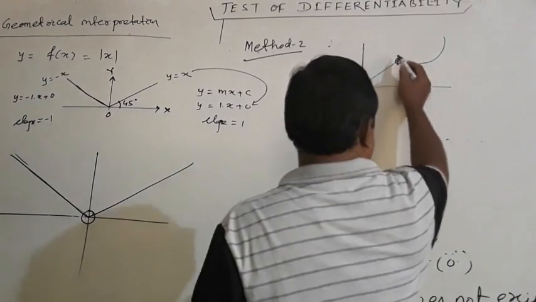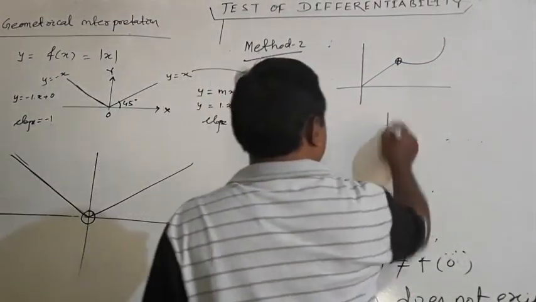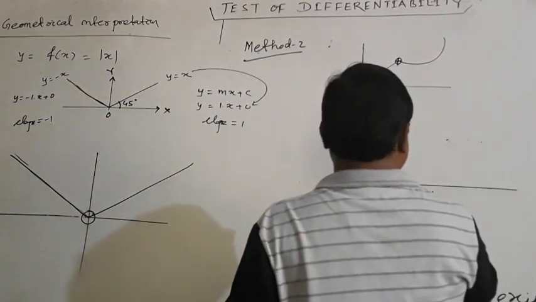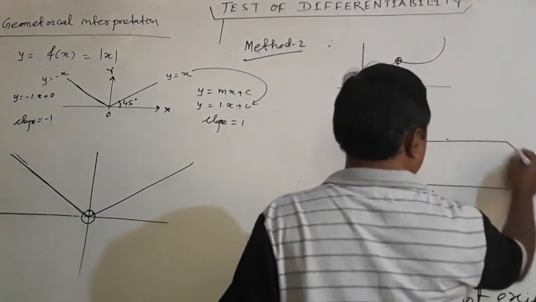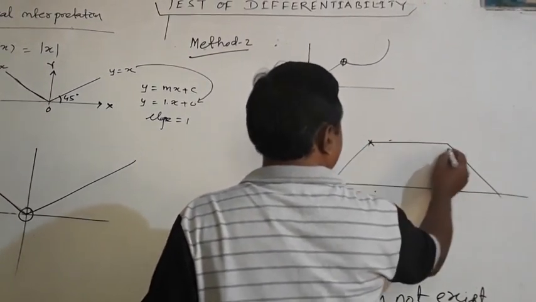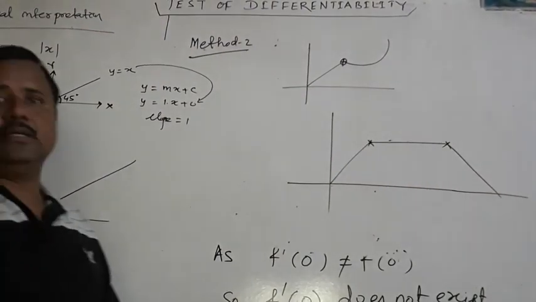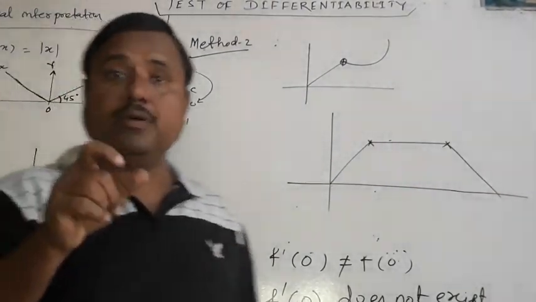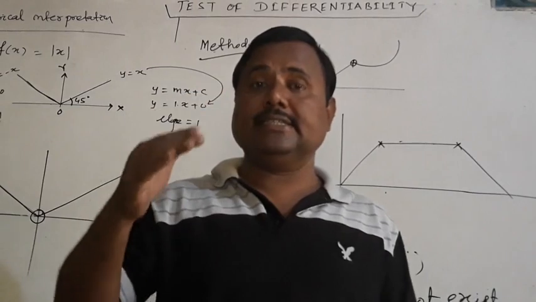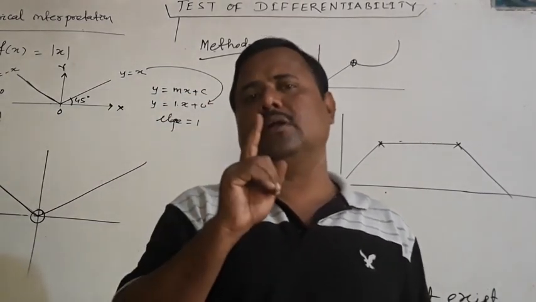Now tell me the points where the function is not differentiable. The function is not differentiable at this point and also at this point. So mind it, in a curve, when it changes its path suddenly, at that point the function is not differentiable.